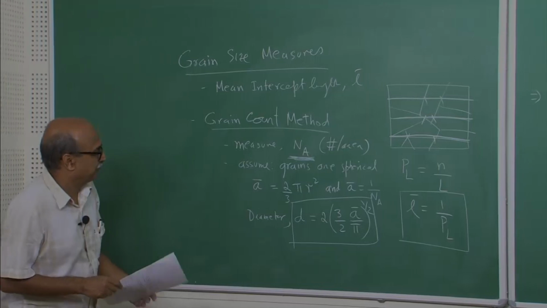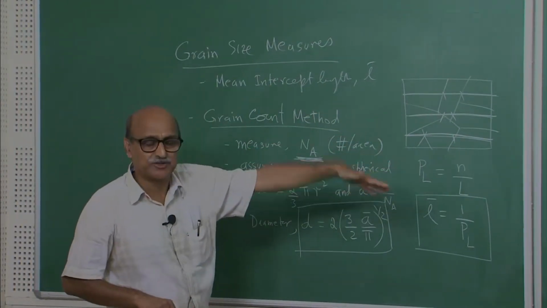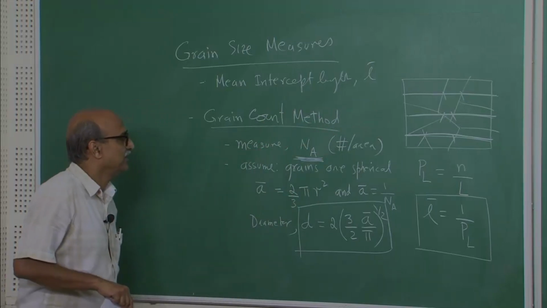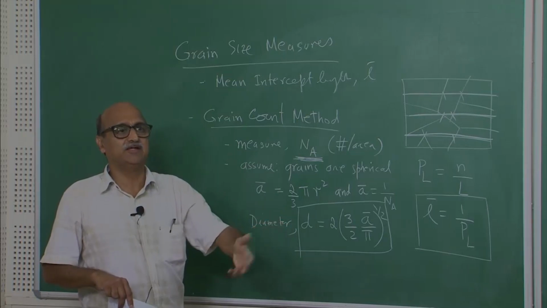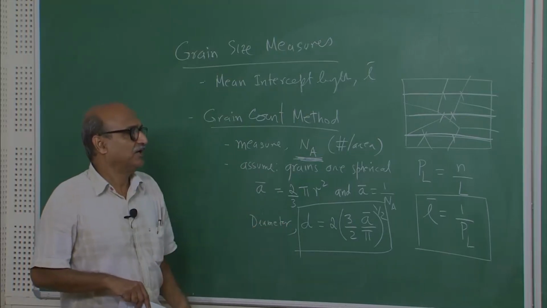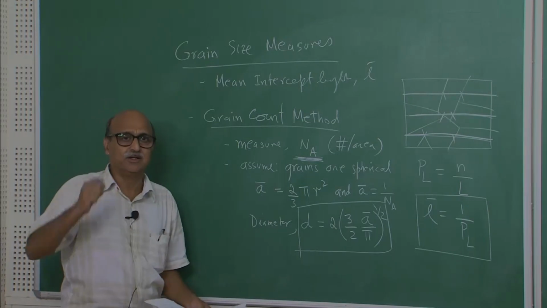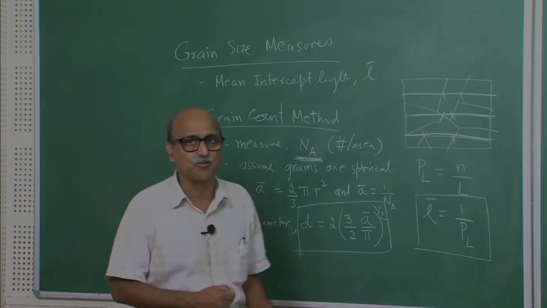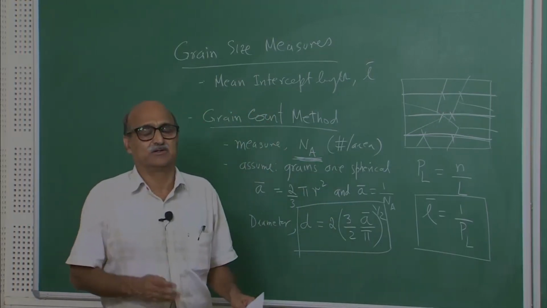And then finally, in many of our stereological measurements, metallography measurements, we are measuring or counting grains, we are counting particles. So, we should have a good idea how to properly count grains or how to properly count particles, so that we get an unbiased estimate.